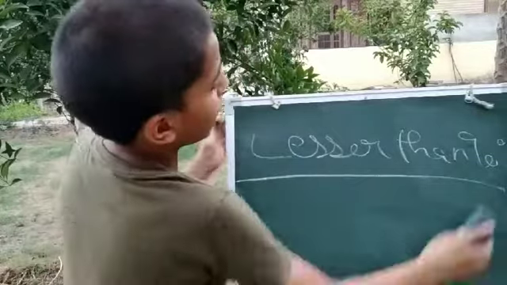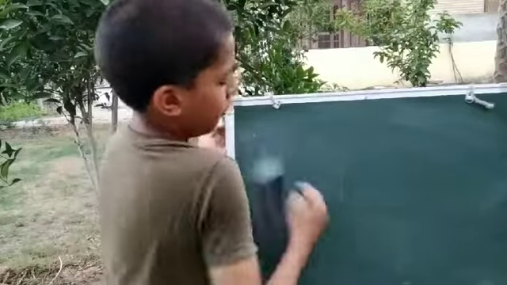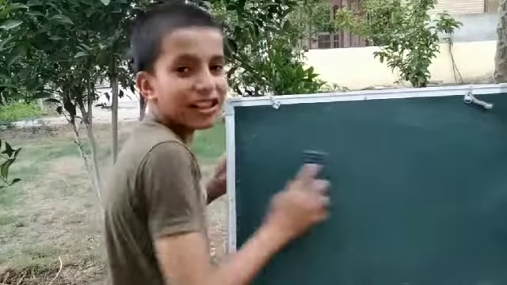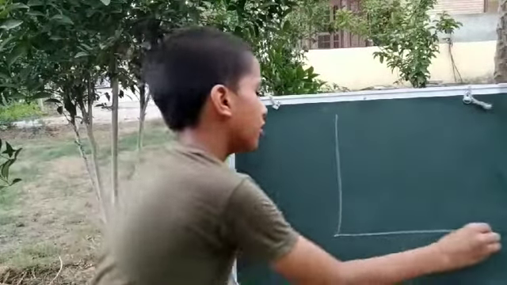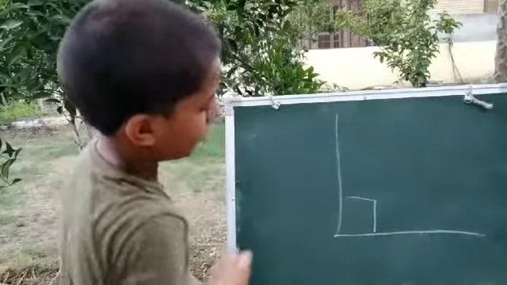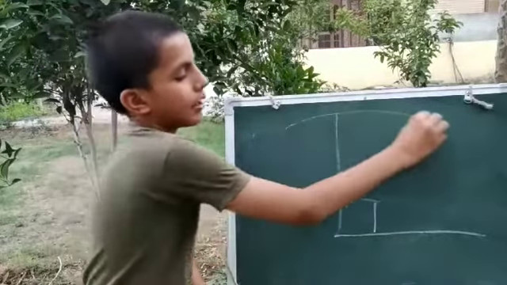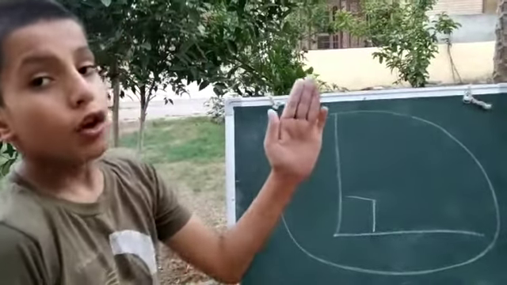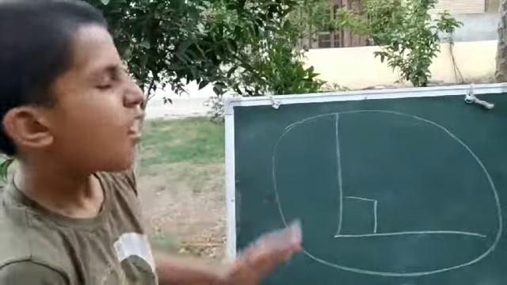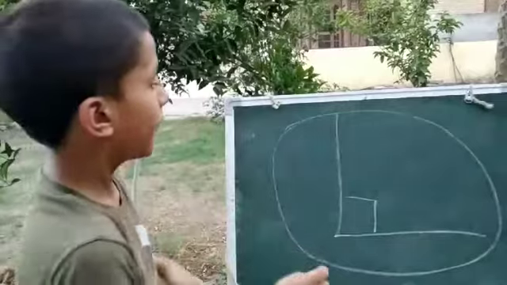Okay, and after that the right angle triangle. We know about the right angle triangle, okay? Like this. I have already told you about that. This is a right angle triangle. It is not more than 90 or lesser than 90. Okay, it is perfect 90, like this.